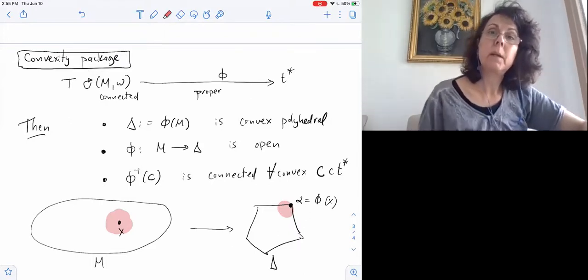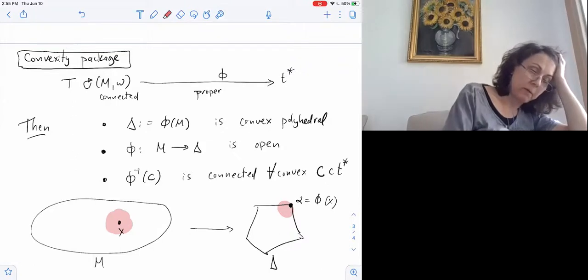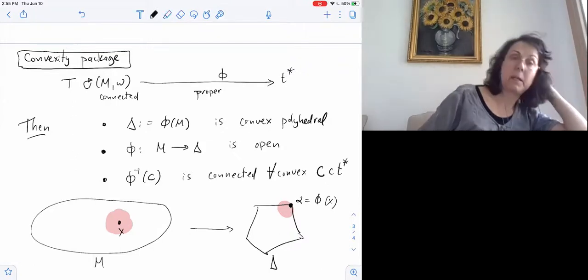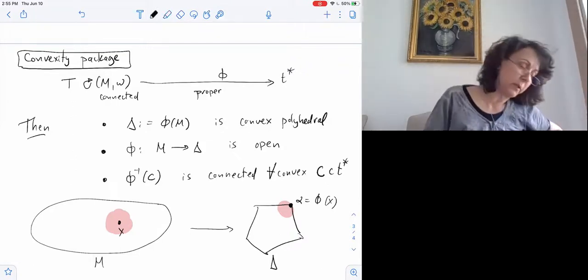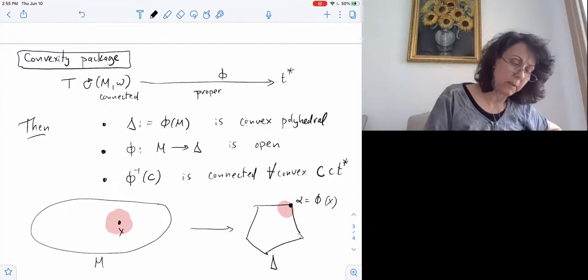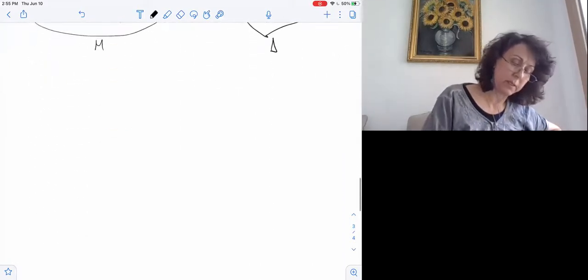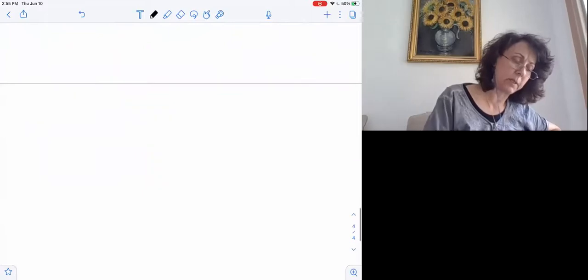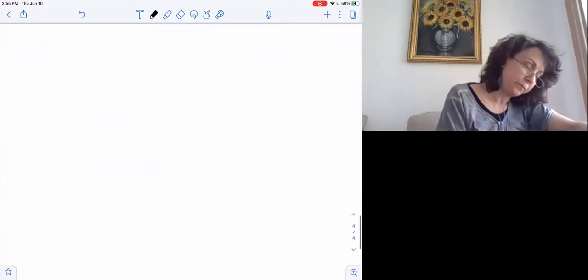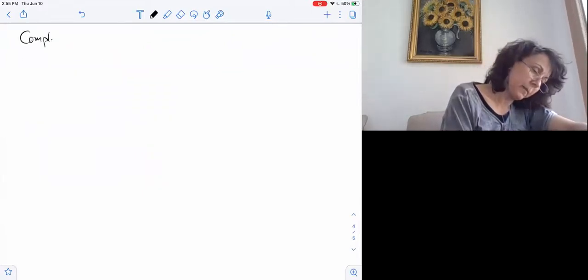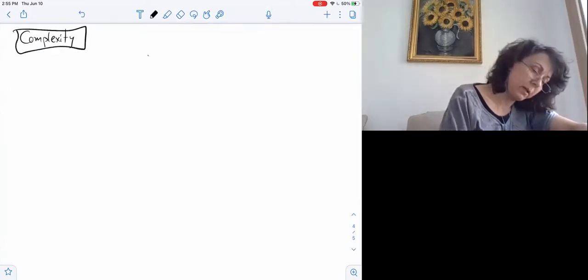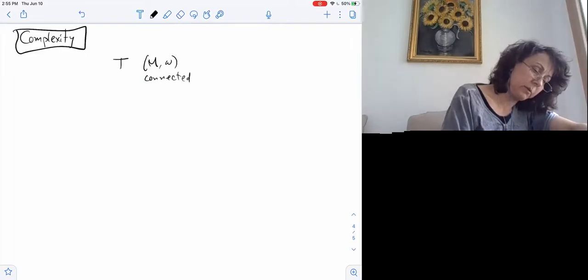So let's now introduce the next notion. The word complexity occurred in the title, and low complexity is absolutely essential to be able to get a sort of global understanding of these guys. Up until now, this works for any complexity whatsoever. So here we go. Again, I would like to assume that I have a connected symplectic manifold with a Hamiltonian torus action.